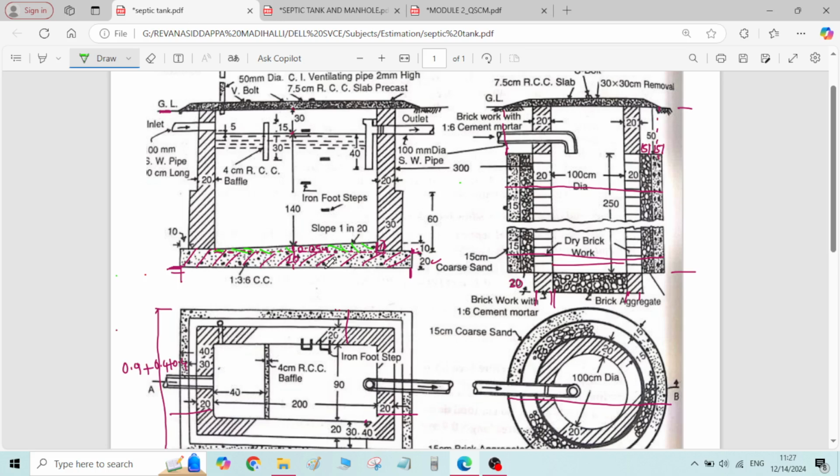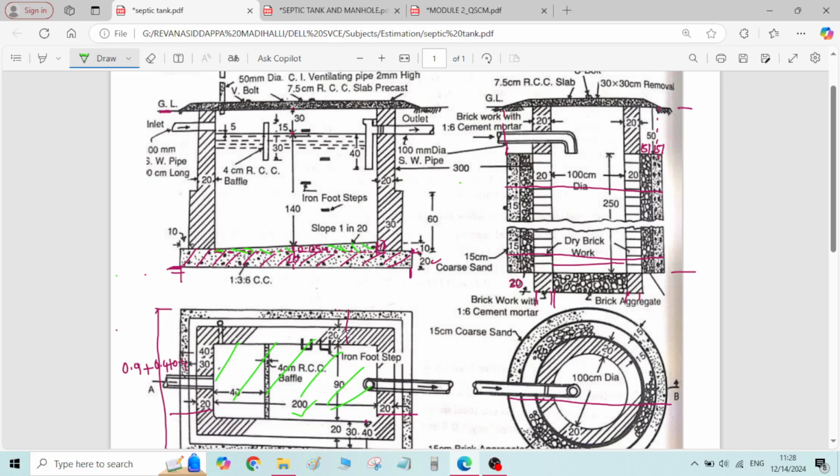What is the length of the sloping floor? It is provided inside the septic tank. Whatever the inner to inner length we have, that will be the length of the sloping floor. It is given as 200 centimeter, nothing but 2 meter.